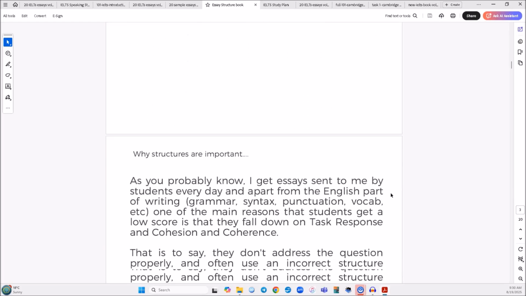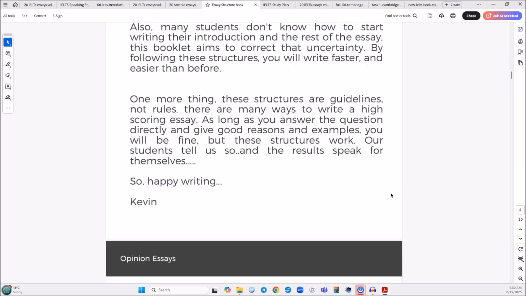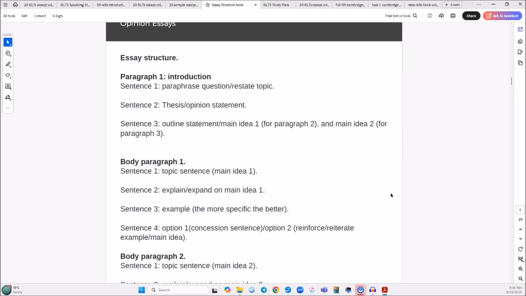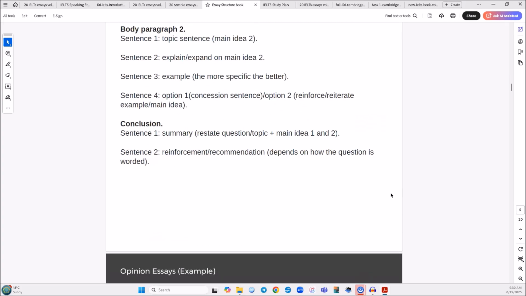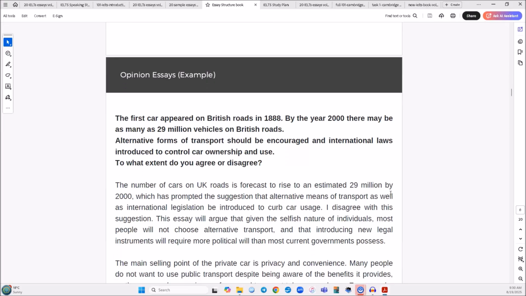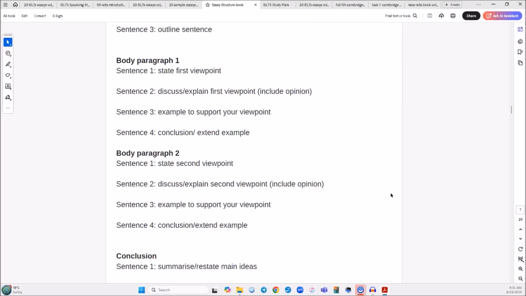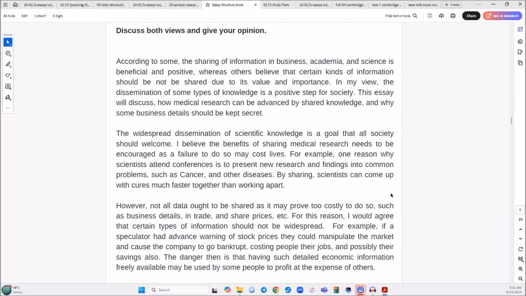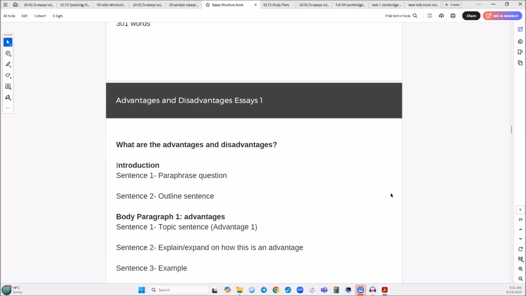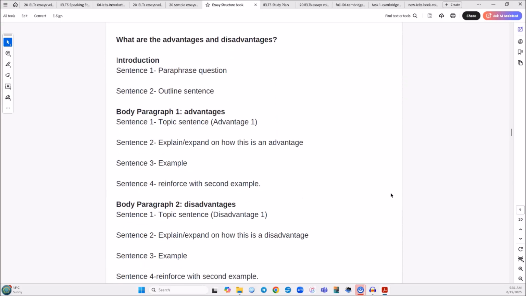Obviously, that's me. And I explain essay structure, sentence by sentence, right? How to do your introduction, sentence 1, sentence 2. Opinion essay example. Then you've got discussion. What's the structure there? Example. And so on, advantages and disadvantages, etc.